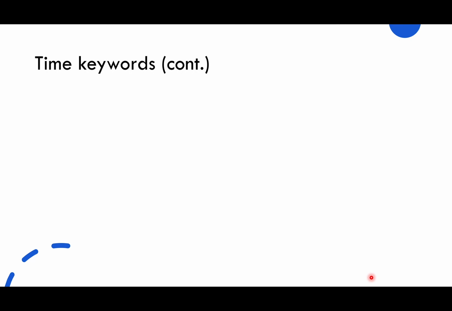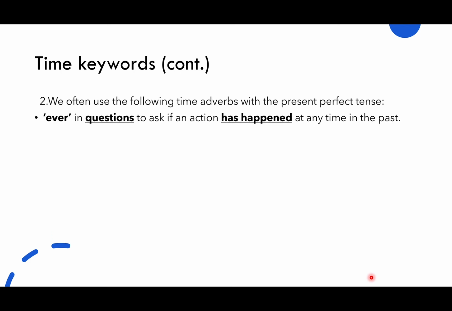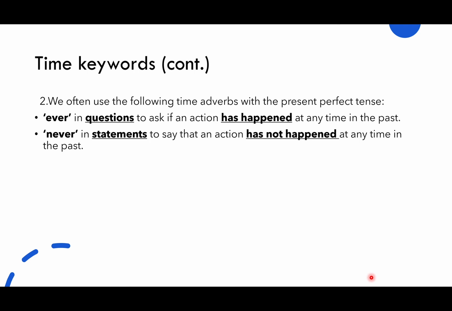Continue with the time keywords. We often use the following time adverbs with the present perfect tense. Ever in questions to ask if an action has happened at any time in the past. Never in statements to say that an action has not happened at any time in the past.